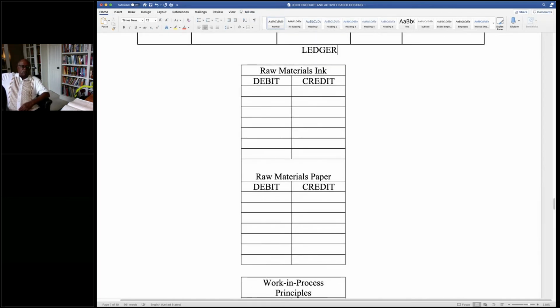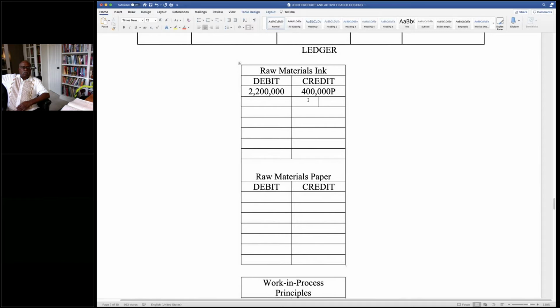So first, under Raw Materials Ink, we bought $2,200,000 on the debit side worth of ink for the entire company. And then on the credit side, so far, we would put principals spent $400,000 on ink. So on the left side would be what the company bought, and on the right side would be what each book bought.